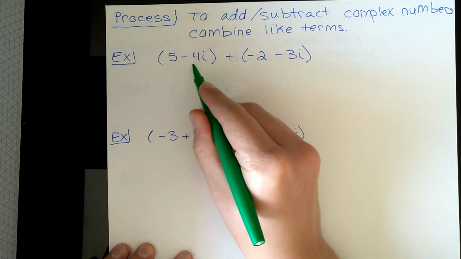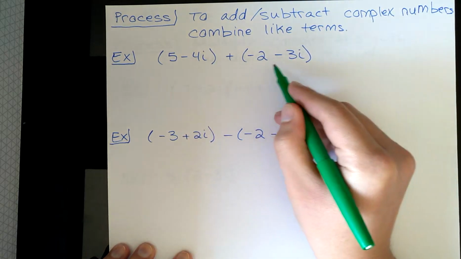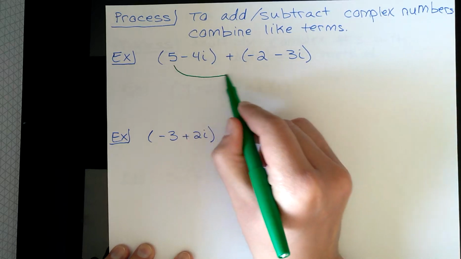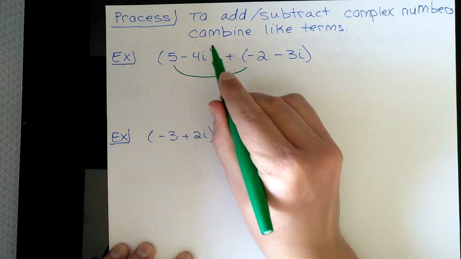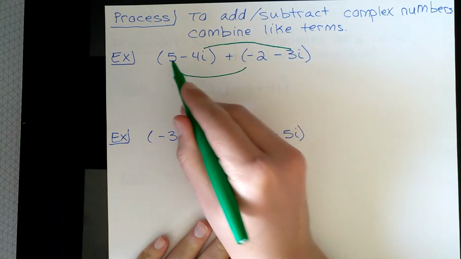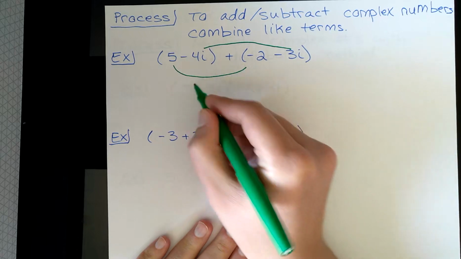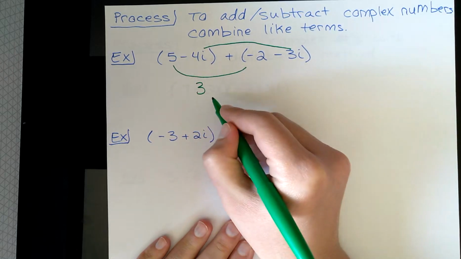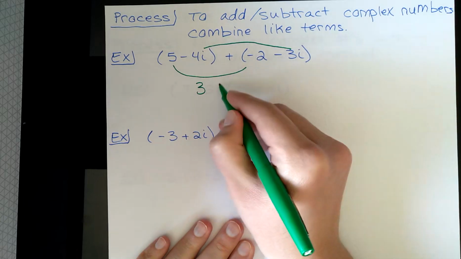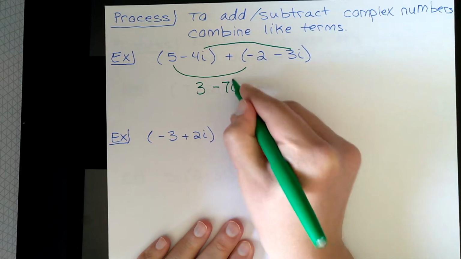Meaning, 5 minus 4i plus negative 2 minus 3i, we will combine the 5 and negative 2 and the negative 4i and negative 3i. So 5 plus negative 2 gives us positive 3. Negative 4i minus 3i gives us minus 7i.